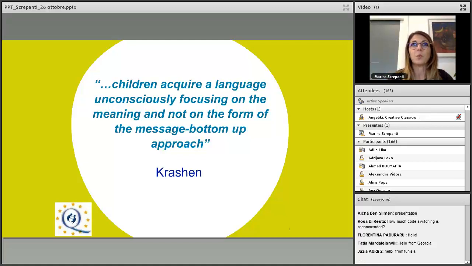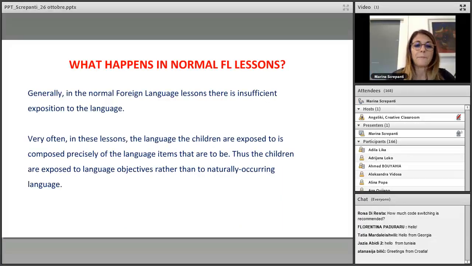So we don't have to ask our students to focus on the form, because this stops the communication. And also, if they make mistakes, we don't have to correct them. We can repeat the sentence, but without stopping them. The communication is the most important thing.